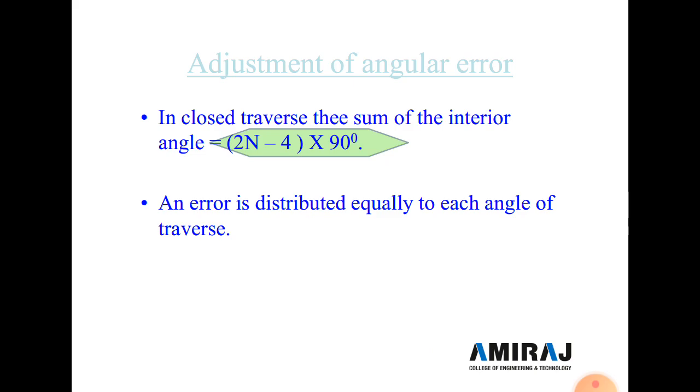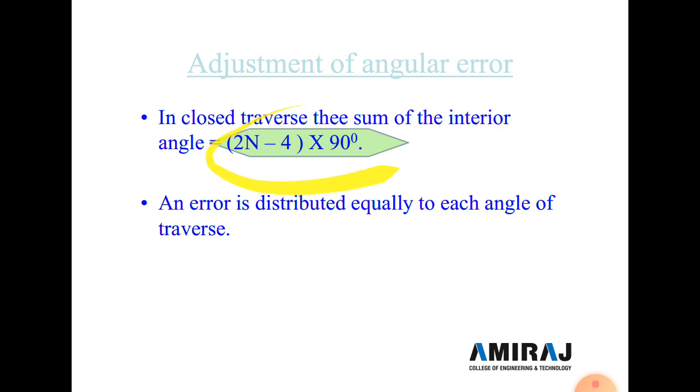Now next is the adjustment of the angular error. How to adjust? In a closed traverse, the sum of the interior angles is (2n minus 4) into 90. We already discussed this equation in the first semester Basic Civil Engineering subject, or Elements of Civil Engineering subject.